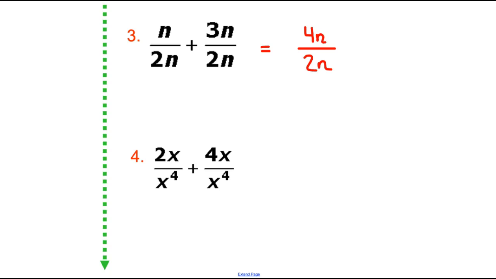And then, of course, the last unit that we did was all simplifying these things and multiplying and dividing. So can we simplify 4n over 2n? They're both divisible by 2n, right? So they have a common factor of 2n that you can factor out. So this would really just equal 2 over 1 or 2.